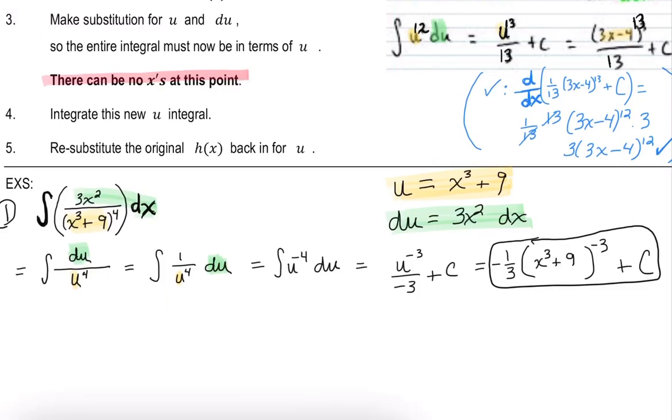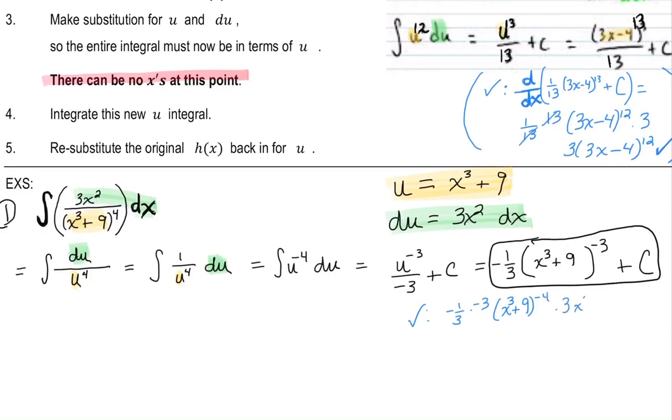And again, especially on some of these first examples, let's run the check. I'm not going to always show our checks, but let's go ahead and do that here. So if I'm taking my derivative here, I'm just going to jump right in. I'm going to bring down my -3, and then I'm going to have my x cubed plus 9 to the -3 minus 1, which would be -4.